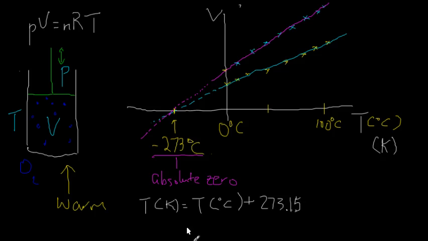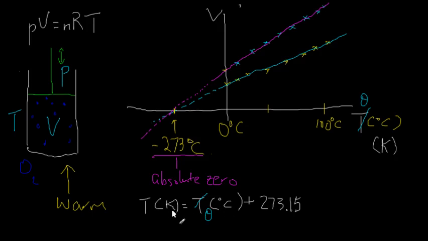Okay, and just to avoid confusion, let me change that letter to a theta. So theta is the temperature in degrees Celsius in this example. So I'm going to reserve the big T here for the Kelvin scale.